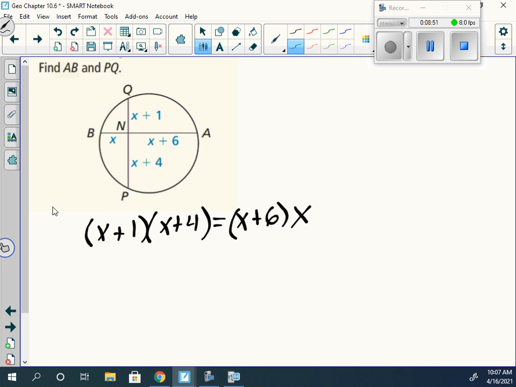So our x times x would be x squared. X times 4 is going to be plus. And that takes care of the first x. Now we can do the same thing with our 1. 1 times x would be plus, and 1 times 4 is plus.